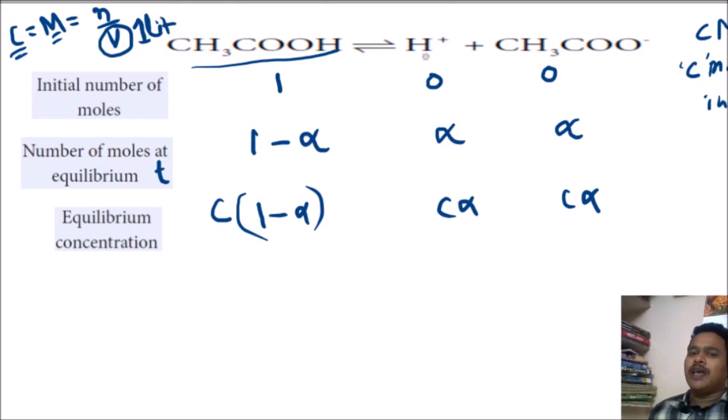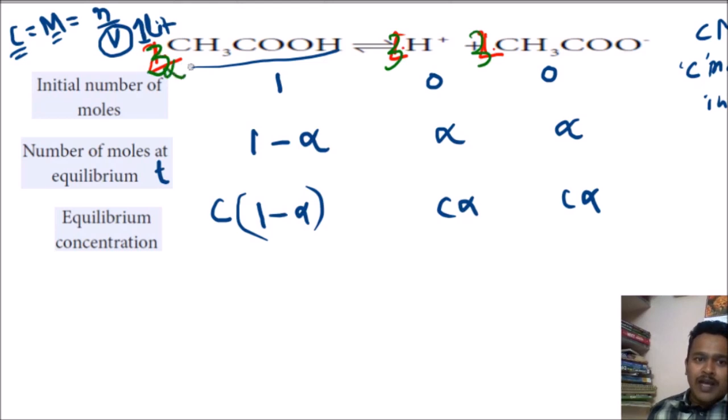How can you say? Based on the reaction. 1 CH3COOH dissociates to give 1 H plus and 1 CH3COO minus. 1 completely ionized means 1 H plus, 2 completely ionized means 2 H plus and 2 CH3COO minus, 3 means 3 H plus and 3 CH3COO minus.